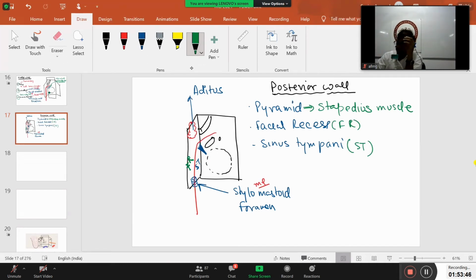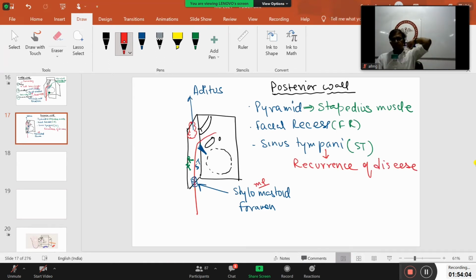Now they ask you, what is the importance of sinus tympani? Sinus tympani is important because recurrence of disease is very common here. And you know what recurrence is? If you do the surgery and remove the disease, it comes back again.